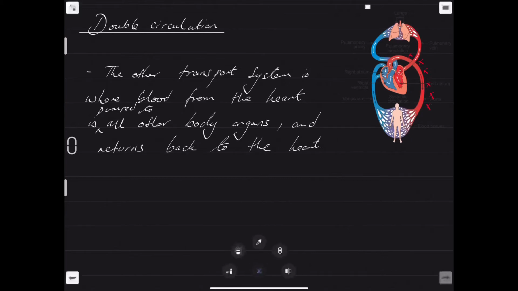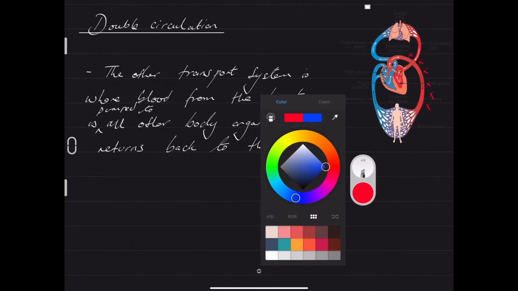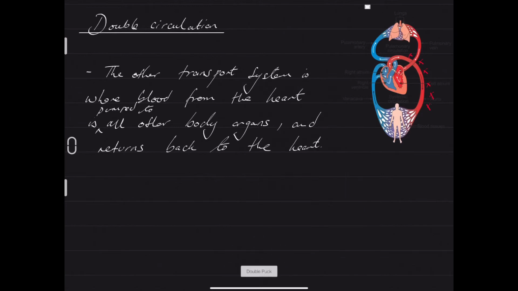So on its return journey back to the heart, it has now become deoxygenated blood. So can you just make a note of this sentence there? You can put it in your own words, or you can take it down from there. The other transport system is where blood from the heart is pumped to all other body organs and returns back to the heart.